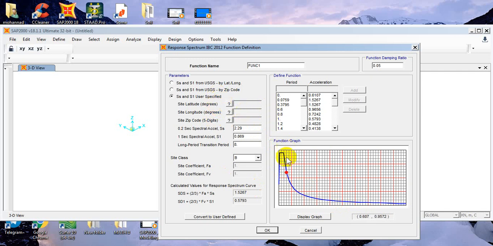Here it is period and acceleration, period time and acceleration. So the building is subjected to a function graph, which consists of period and acceleration. The function graph tells us the magnitude of earthquake.